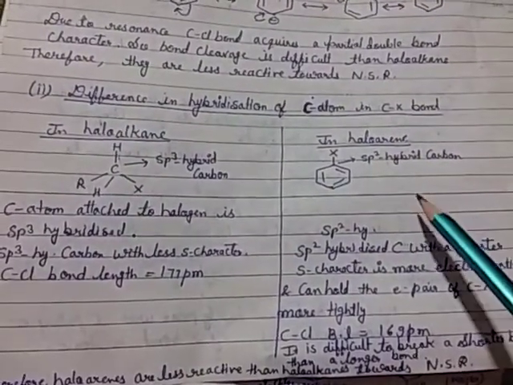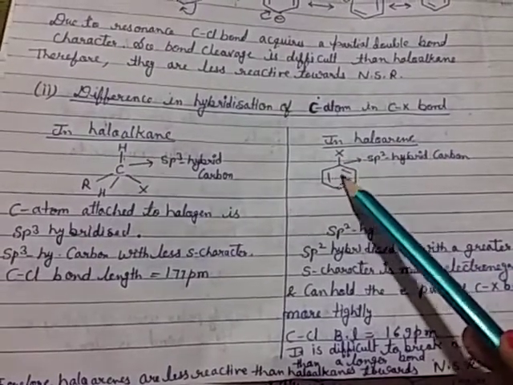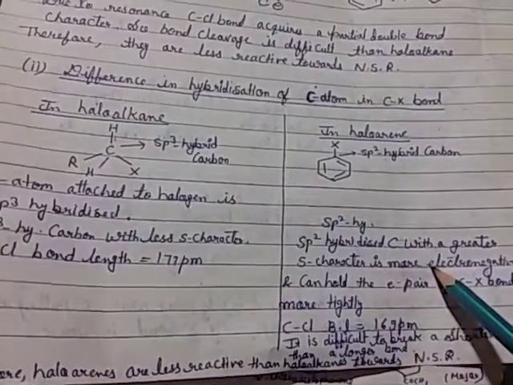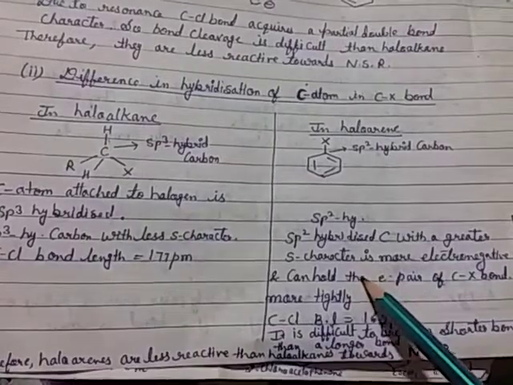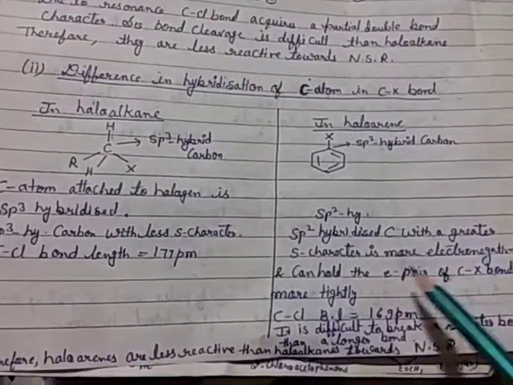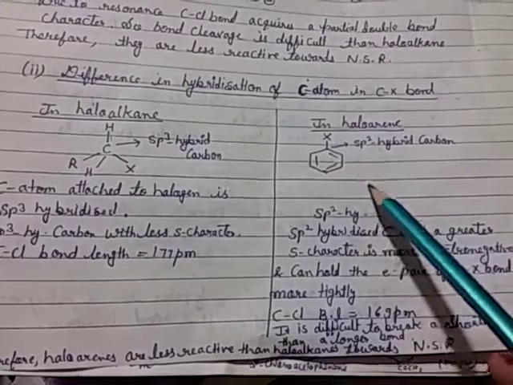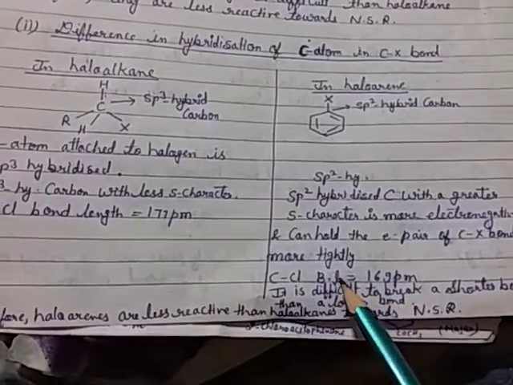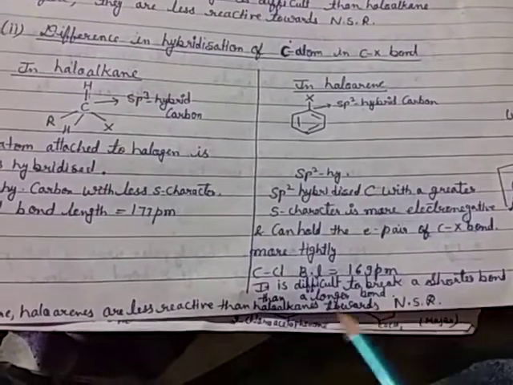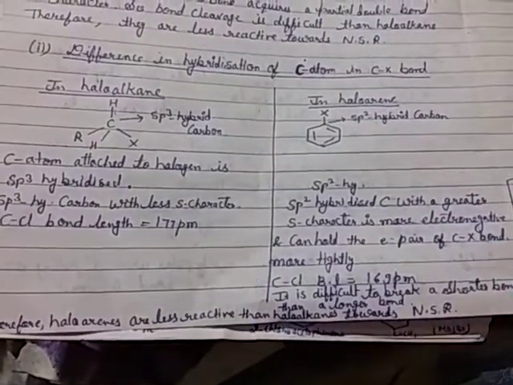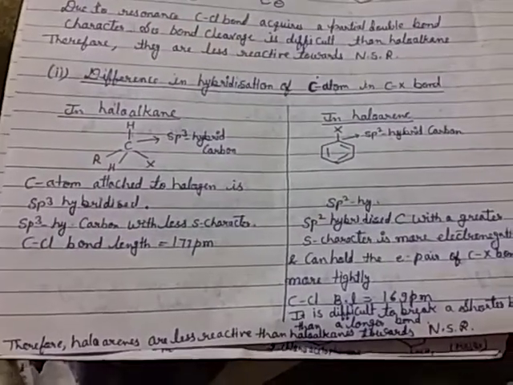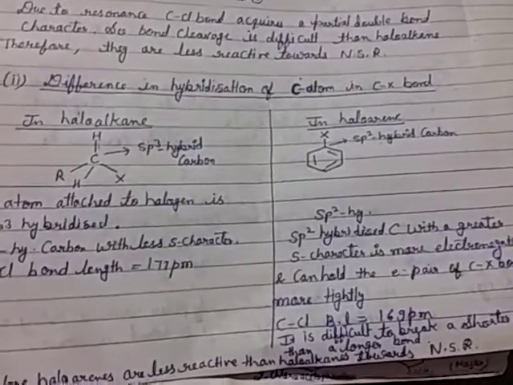But in haloarene, the carbon is sp2 hybridized, with greater s character, so it is more electronegative and can hold the electron pair of the C-X bond more tightly. The carbon-chlorine bond length is 169 picometer, and it is difficult to break a shorter bond than a longer bond. So haloarenes are less reactive than haloalkanes towards nucleophilic substitution reaction.